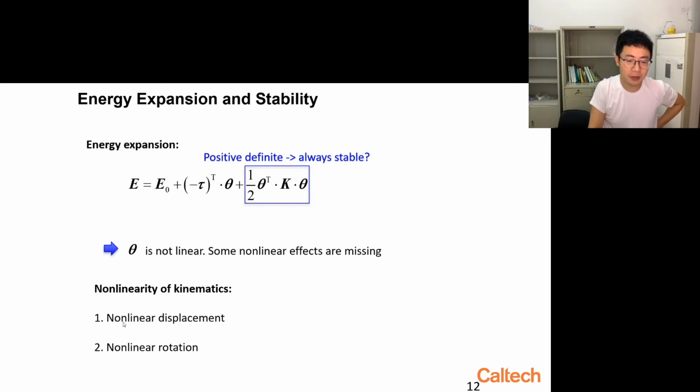But here are the two nonlinear displacements. The displacement is not a vector, it's actually a curve. You need to consider the curvature of the displacement in the second order energy variation, and then you can get it right. The curvature of the kinematics, also the rotations are nonlinear.